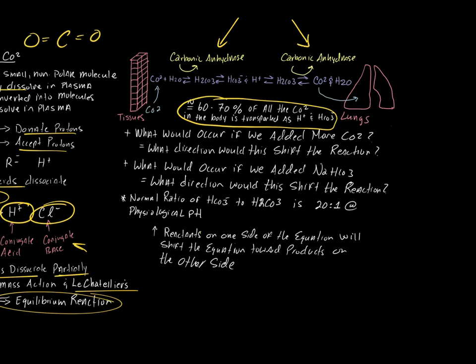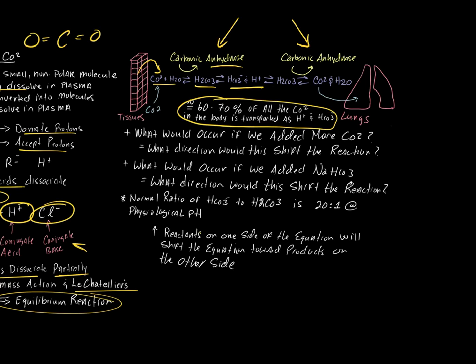So CO2 is produced at the tissues. CO2 plus H2O gives us H2CO3, which is also known as carbonic acid. And the enzyme carbonic anhydrase catalyzes that reaction. Now, the H2CO3 is generally unstable, and it breaks down into hydrogen ions and bicarbonate ions.